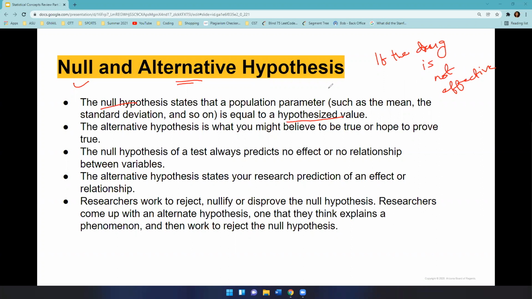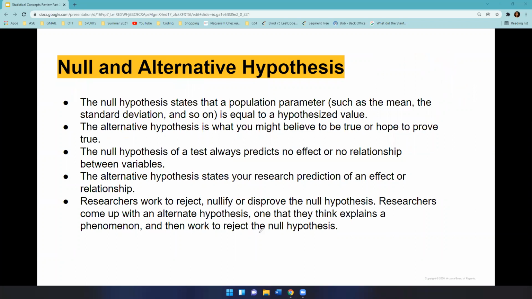And alternative would be something like, okay, the drug which I just invented or which I just found out is effective. So something you want to be true, or you believe it to be true, or hope to prove true. So those things come under alternative hypothesis, and the opposite one comes under null hypothesis. So the null hypothesis always predicts there is no effect between the variables.